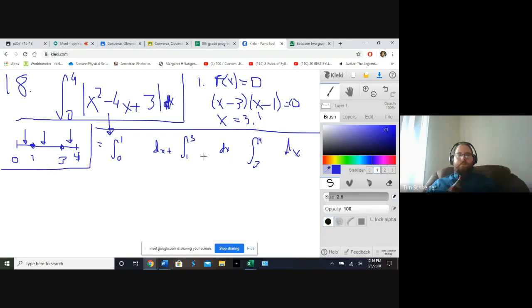Okay, that's exactly right. So we need each of these three, and then we're going to put them inside absolute values once we know what they are. And the antiderivative is going to be the same for each one.